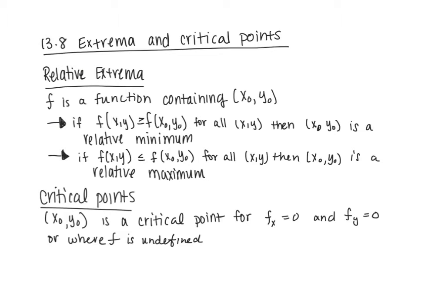In this lesson, we're going to apply your knowledge of partial derivatives to find the extrema and critical points of a three-dimensional space. So we know from when you took calculus 1 or 2 that you can find the relative extrema by setting the derivative equal to 0.